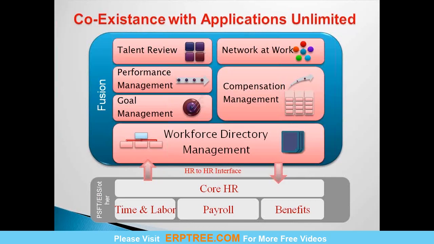So an HR to HR interface will happen, through a data warehouse or something like that. Whenever you want to do performance management, your employee information from your core HR application, say for example E-Business, will be loaded to the performance management of Fusion.